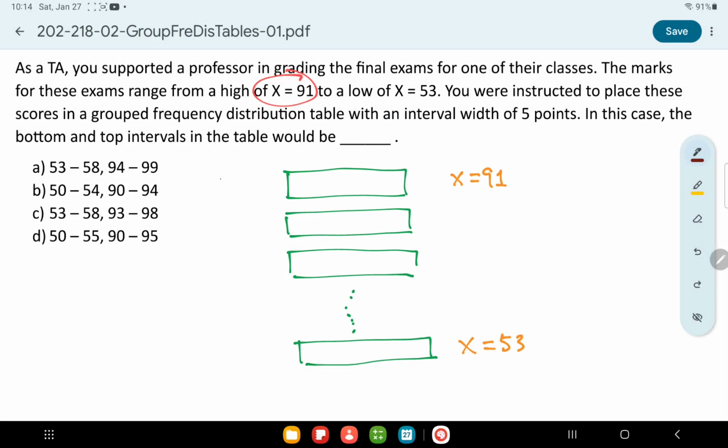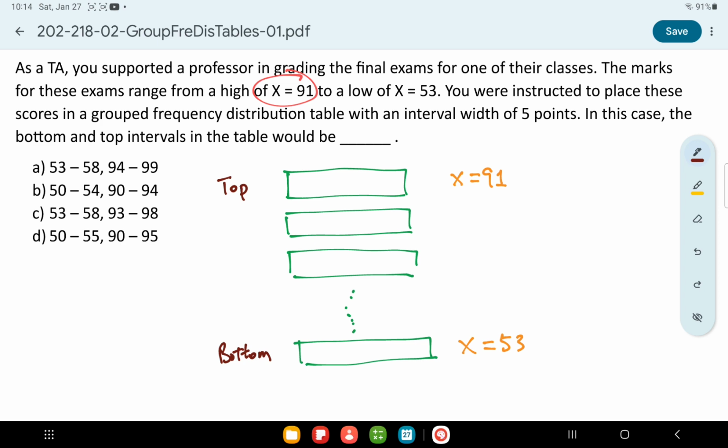Clearly, we've got the top interval and the bottom. Our task is to figure out what the top interval is, and every interval is described by the range of numbers involved.